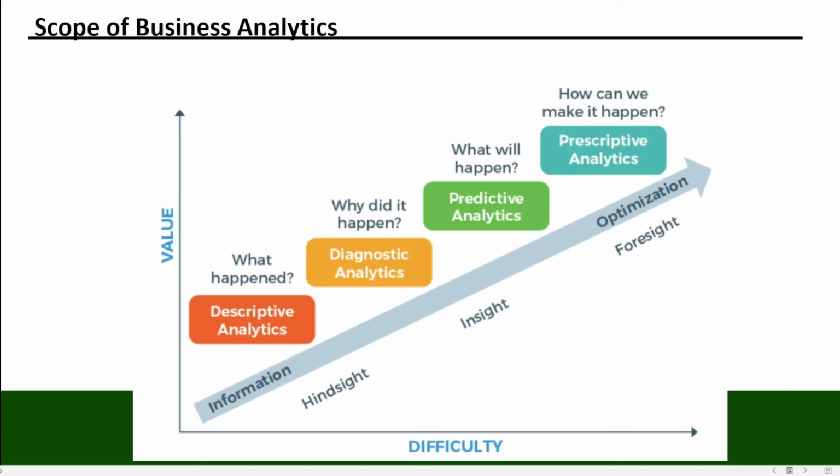It answers the question, how can we make it happen? So as you can see in the diagram, as we move from descriptive to prescriptive analytics, the level of complexity increases and also the potential value it can bring to an organization.